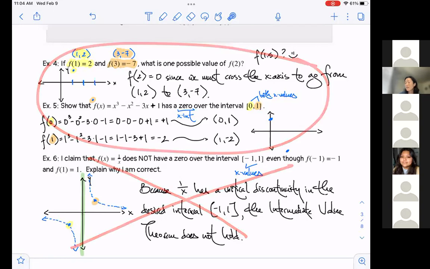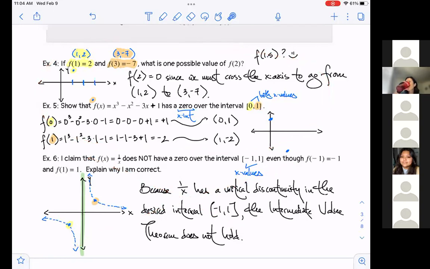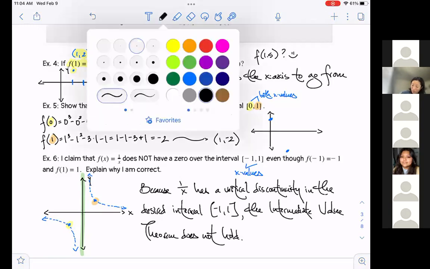Okay. Yes, Dallas, what's up? I think what you just said just kind of cleared it up. But so essentially for 4 and 5, we weren't necessarily trying to find the actual x-intercept. We were just trying to tell if it was continuous from point A to point B. We were actually assuming that these were continuous.